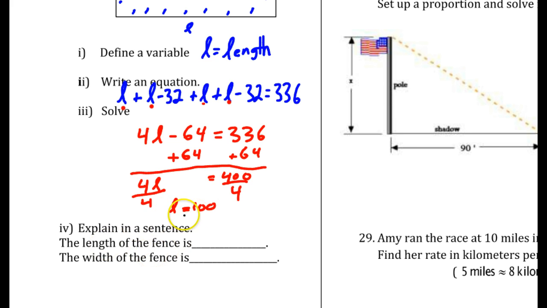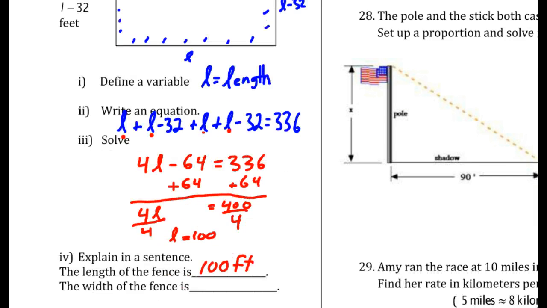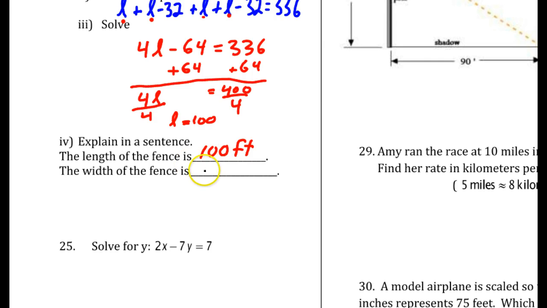So the length, L, remember L is the length, is 100 feet. And the width, go back to the picture, is L minus 32, which would be 68 feet.